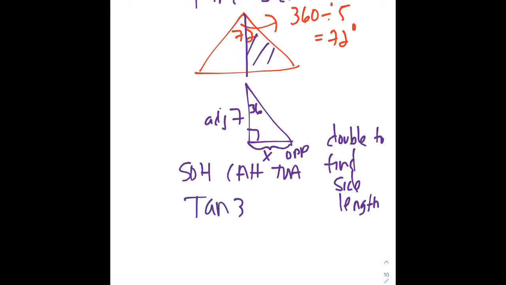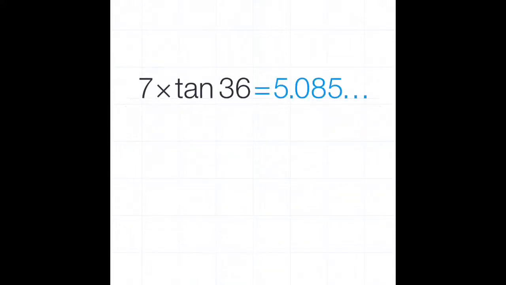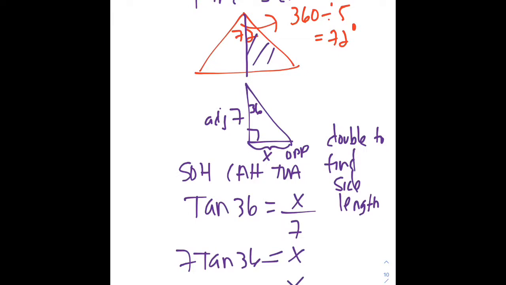So the tangent of 36 is equal to x over 7, so that means 7 tan 36 is going to give me half of the side length. So if I do 7 times the tangent of 36, I get 5.1. But remember, we just found that this is 5.1.